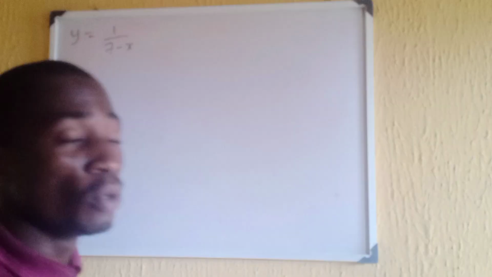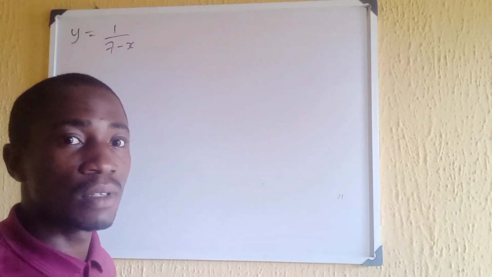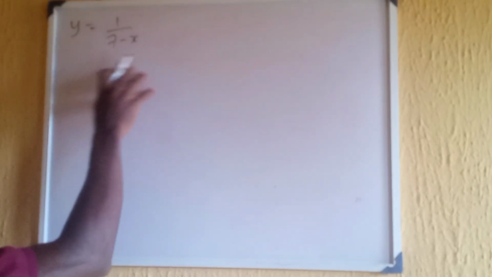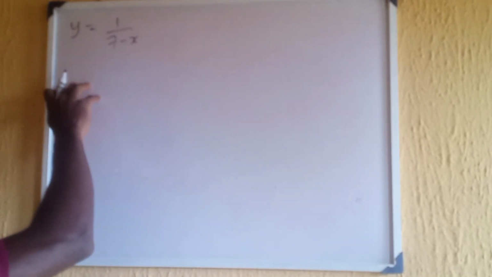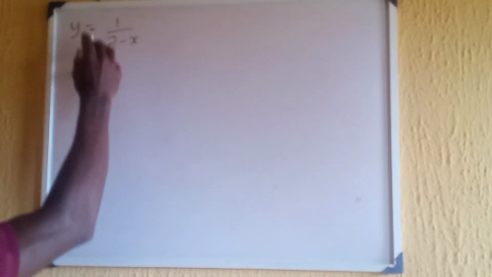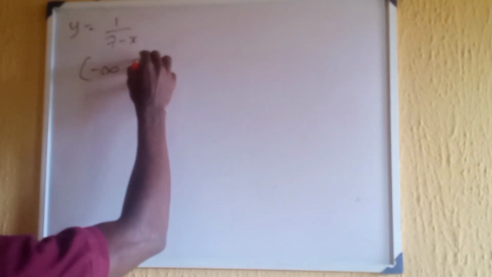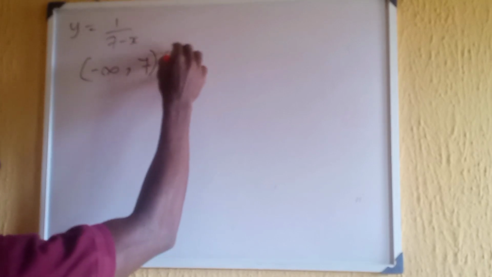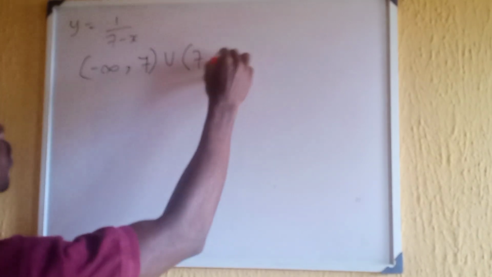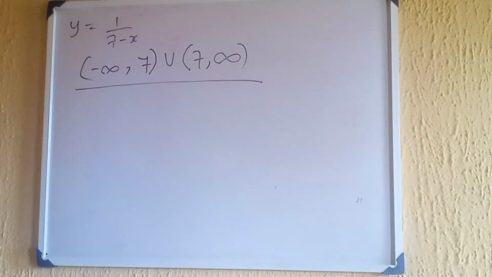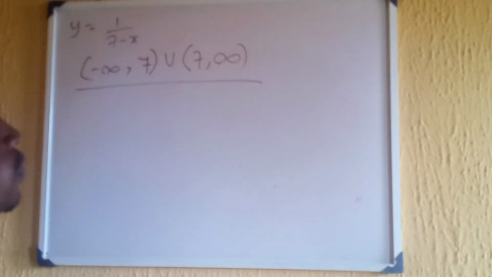We will now use the domain alongside the concept of limit to find the range. So the domain of this function is already we said is equal to negative infinity, comma 7 union 7 comma infinity. So this is what we'll be using, like in this form.